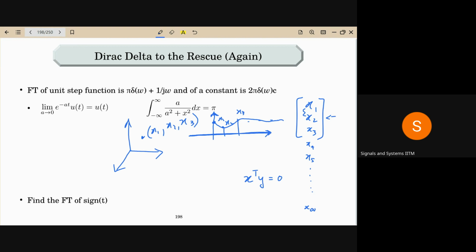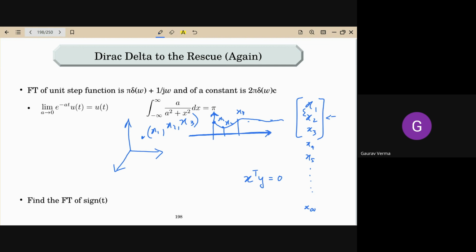Does it help a little bit in imagination? Time is difficult to imagine. I mean time being one of the axes, and amplitude will be on the other axis. Think of x1, x2, x3 as time, the index, and the magnitude of that signal at different times.